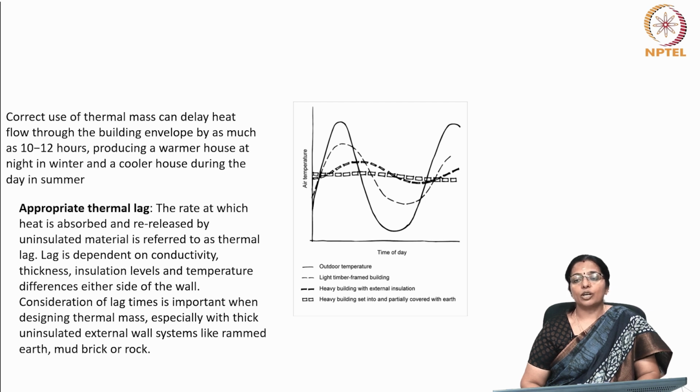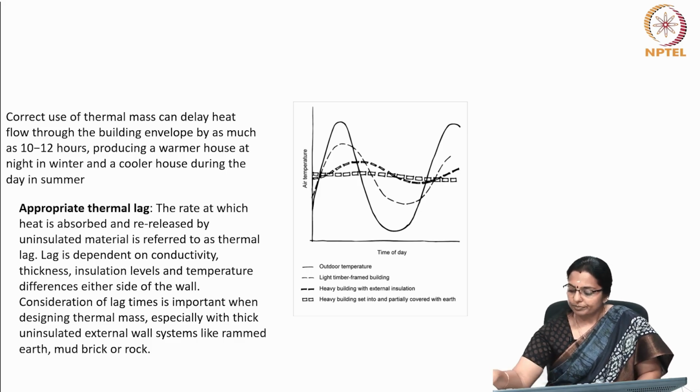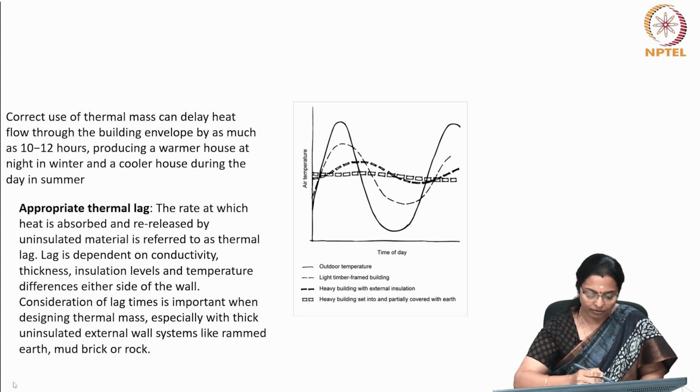Lag is dependent on conductivity, thickness, insulation levels and temperature difference either side of the wall. Consideration of lag times is important when designing thermal mass, especially with thick uninsulated external wall systems like rammed earth, mud brick or rock.